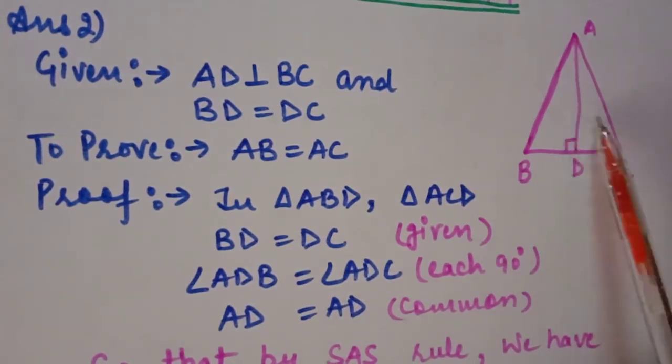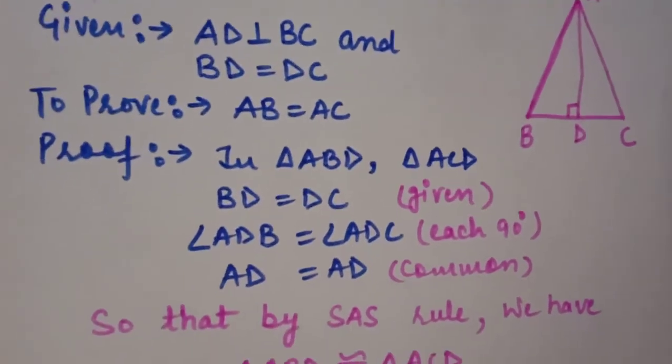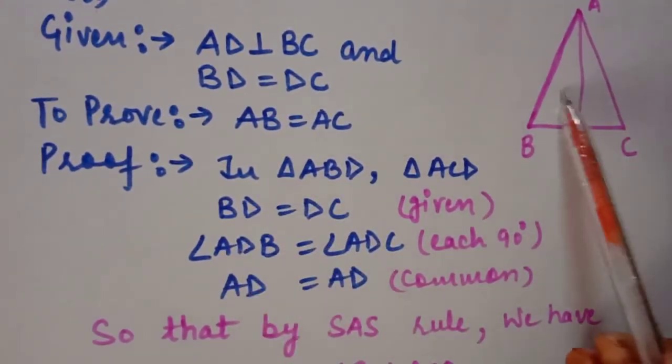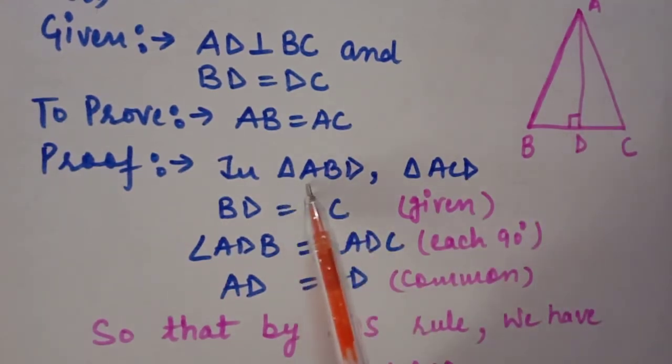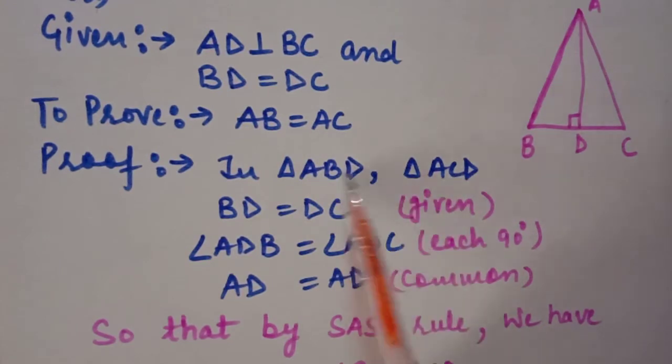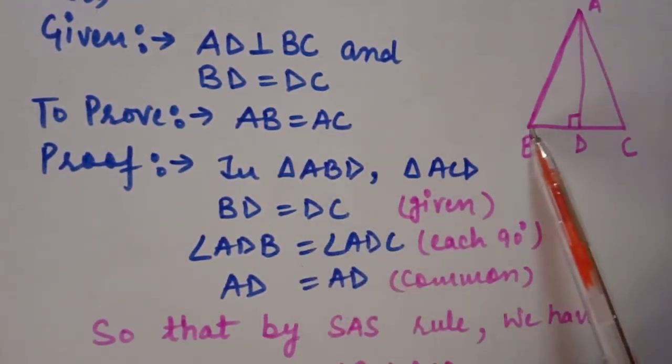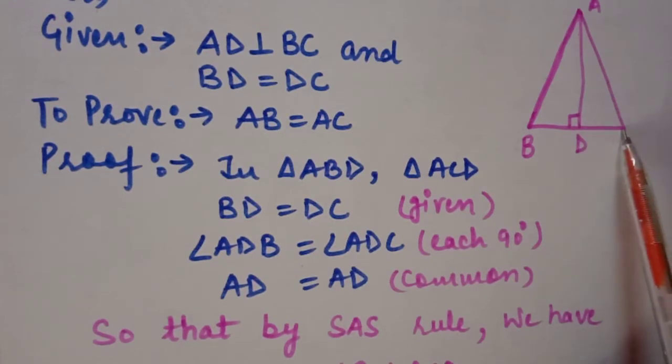So we will prove these two triangles congruent and then we will take AB equals AC by CPCT. For congruency, we need 3 elements. In these two triangles, you have to write like this only: give the triangle names first and then we will start our congruency. BD is equal to DC, it is given.